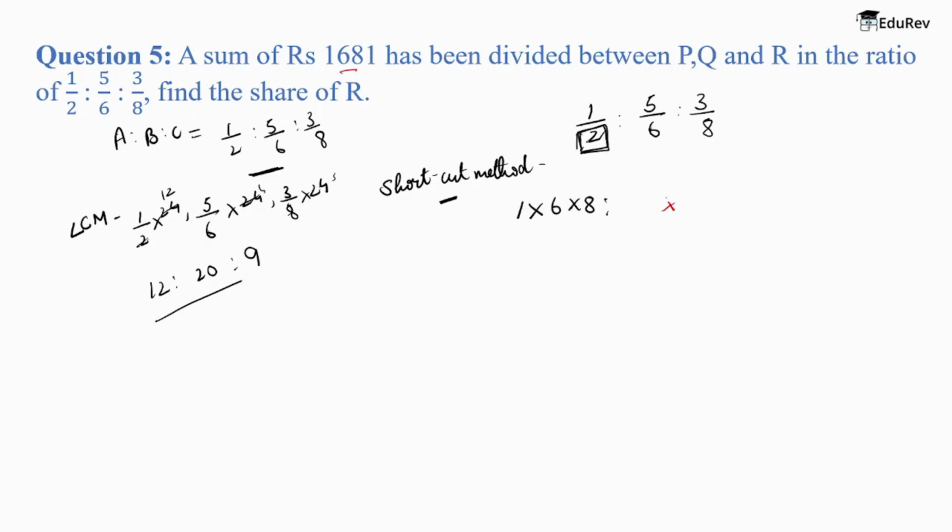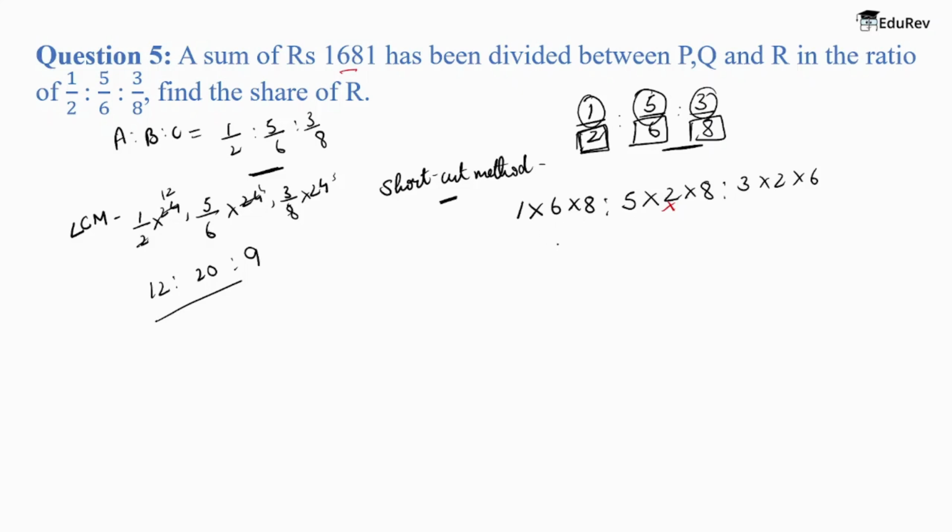Hide this, multiply the numerator with the other two denominators. When you hide 6, you take its numerator, that is 5 into 2 into 8. When you hide 8, you take its numerator and the other two denominators. So this is how it is done.